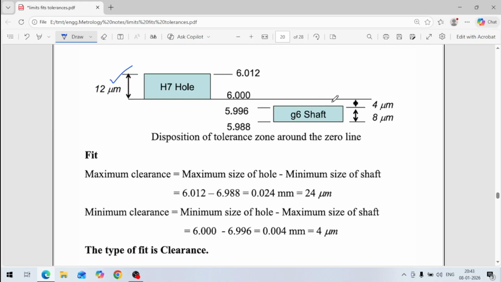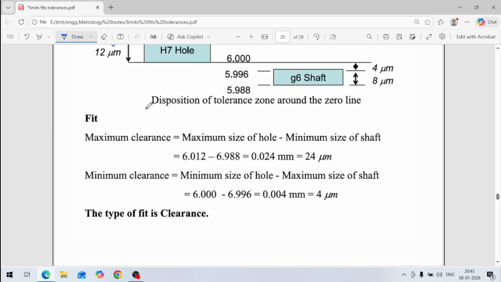If you subtract 4 micron from 6.000, it becomes 5.996. Then again you subtract 8 micron from this, it becomes 5.988. So these are the upper and lower limits of the shaft. And we have calculated this for the hole also.